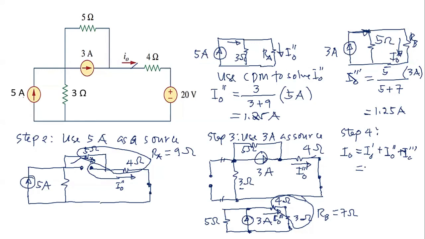So we have here negative 1.667 plus 1.25 plus 1.25. If you will compute, then that will be the current through the 4 ohms when the three sources are acting together or are connected in the circuit.